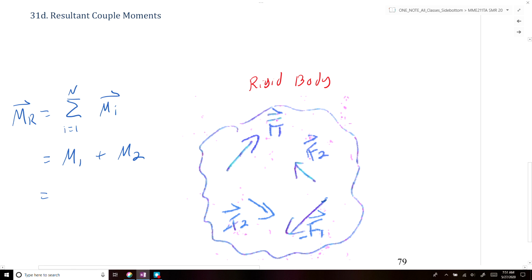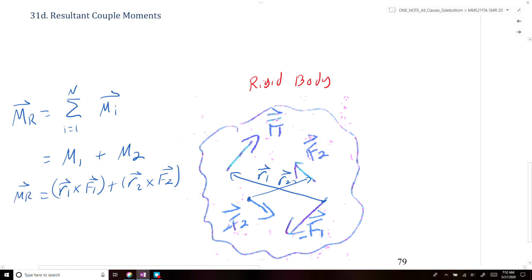I can define a position vector r1 here, and a position vector r2 here. So we have r1 cross F1 to calculate M1, plus r2 times F2 to calculate M2. And that's how you could solve for the total couple moment due to multiple couples acting on the same body.